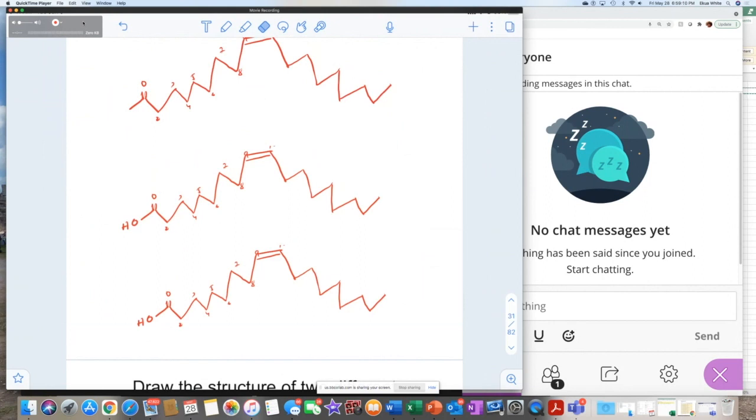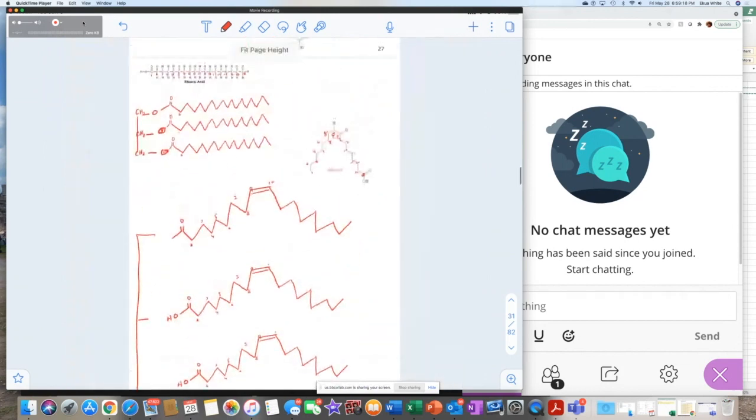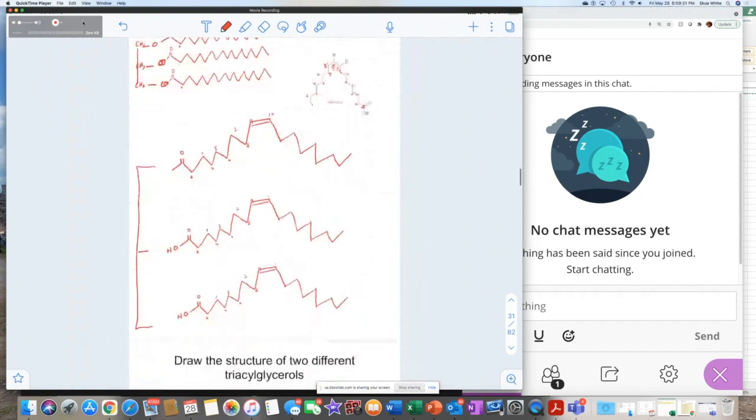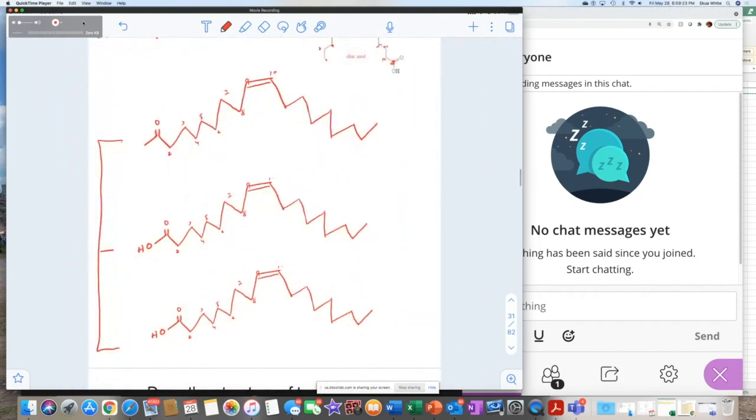That's so weird. Anyway, so now I'm going to draw my alcohol there, my glycerol there. And my glycerol is a CH2OH, CH2OH, CH2OH. And of course, you know the OH goes off, right?